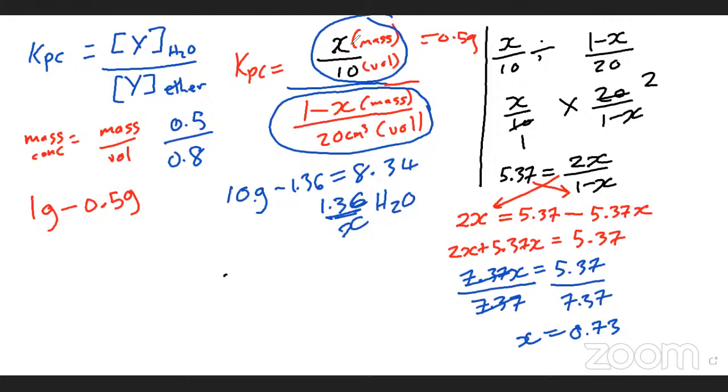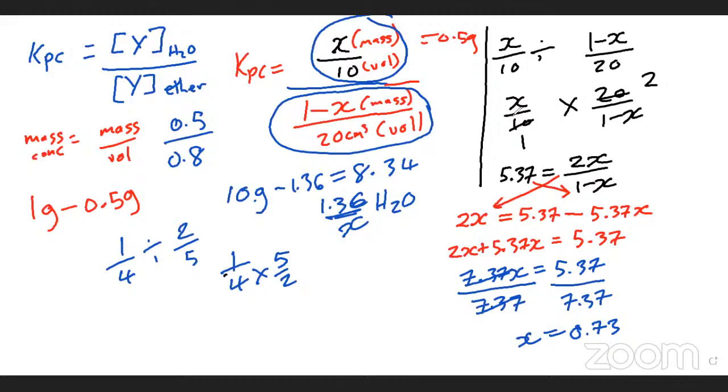So we're dividing x over 10 by 1 minus x over 20. Remember, with a fraction, if you have 1 over 4 divided by, let's say, 2 over 5, it becomes 1 over 4 times 5 over 2. Hope you remember that.